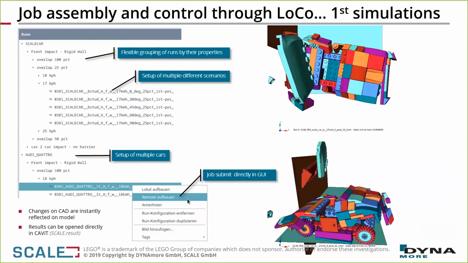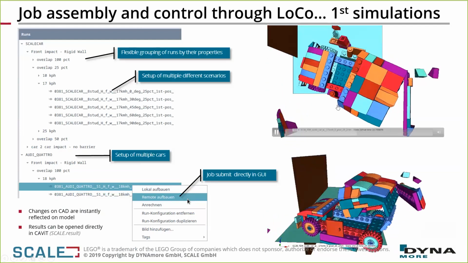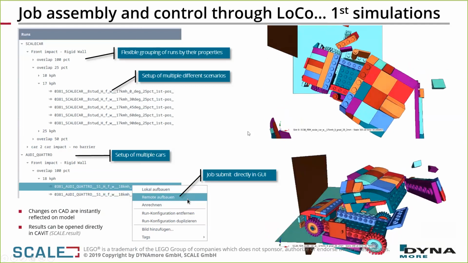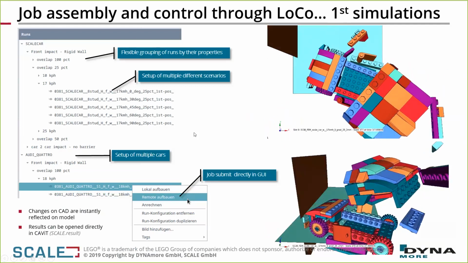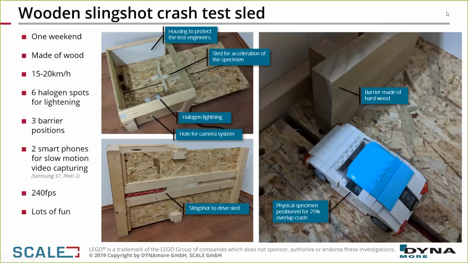And what you see here on the right side are the videos of my very early simulations. At that time, I was not quite convinced about the crash results because they kind of looked strange to me. So because it was winter, I decided to do a small weekend project with my kids, and we built an actual wooden slingshot-driven crash sled, which you can see here.